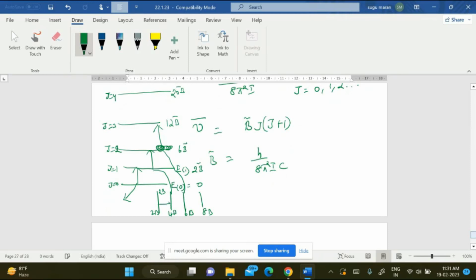And the spacing between them is nothing but 2B.